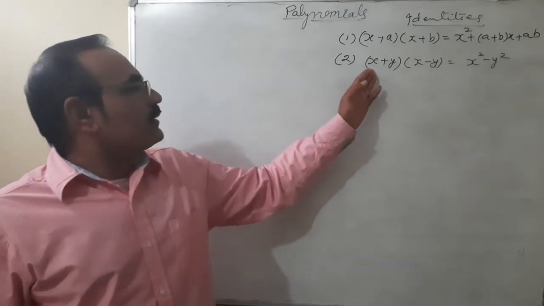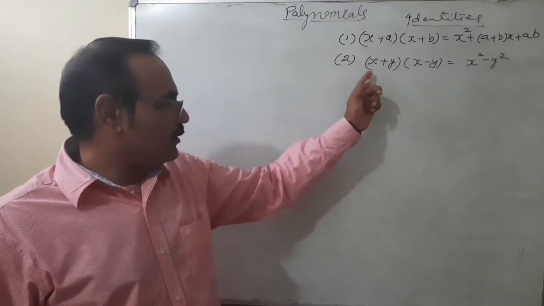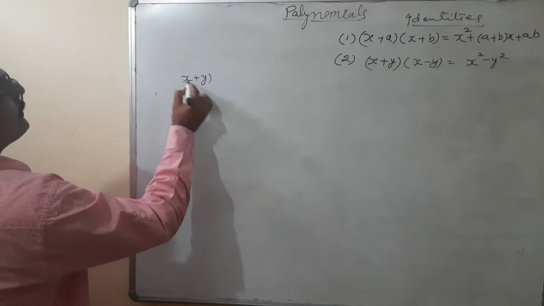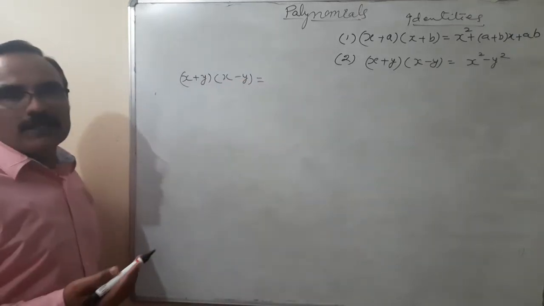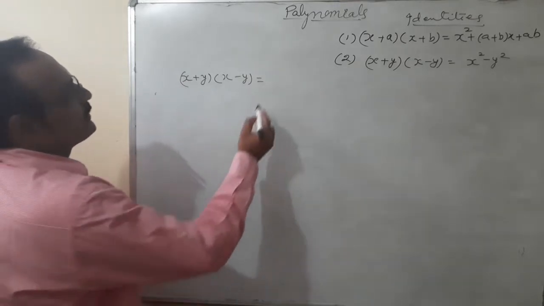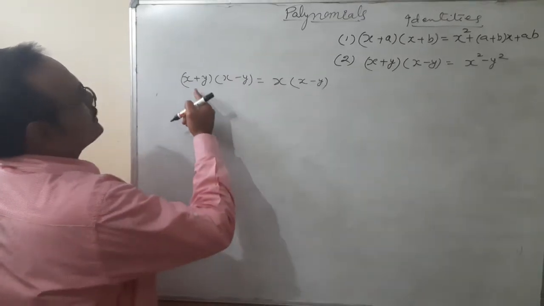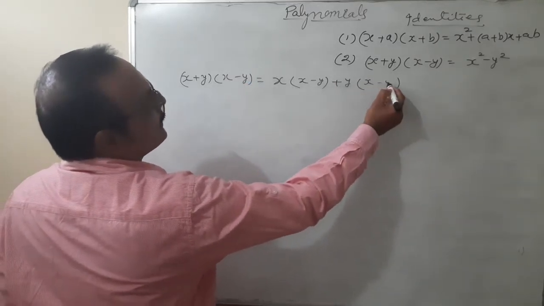If I multiply both the brackets, I think there is no problem in it. Look at this. x plus y, x minus y. Simply I will multiply two brackets. This x is multiplied by x minus y, second term plus y is multiplied by x minus y.